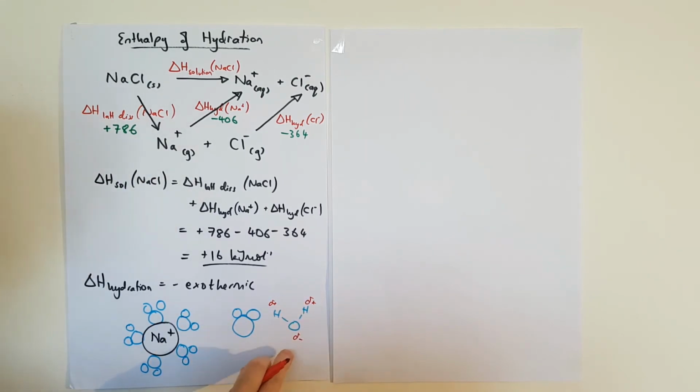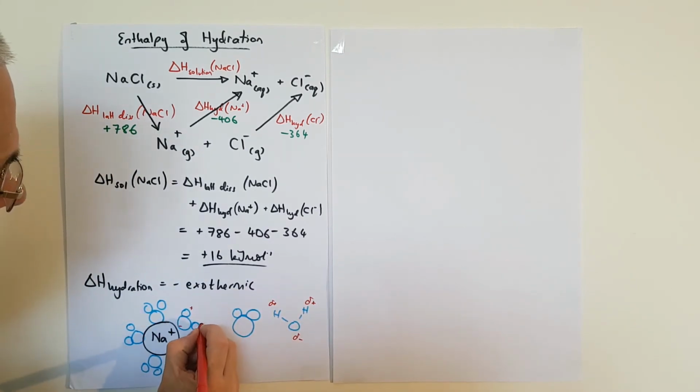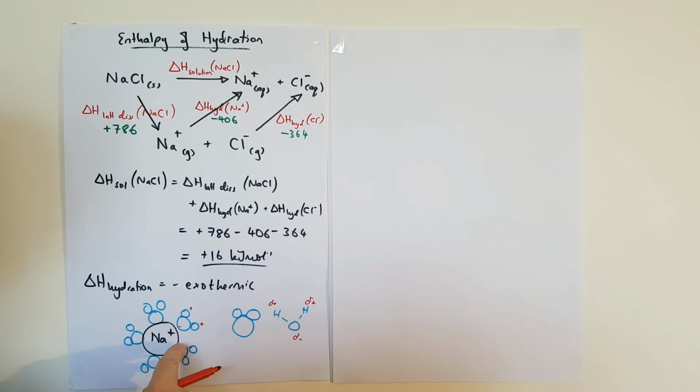There we go. So we've got a negative end and a plus side. So the water molecules will be orientated so the negative side of the water molecule is attracted towards the positive side of the sodium. And a sodium ion can roughly group about 6 water molecules around it. You might want to think what a chloride ion would be like.